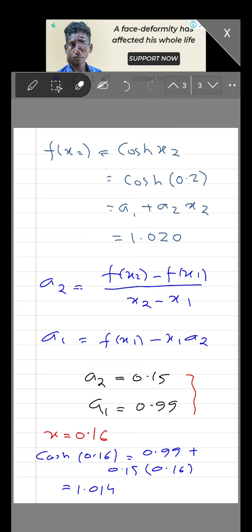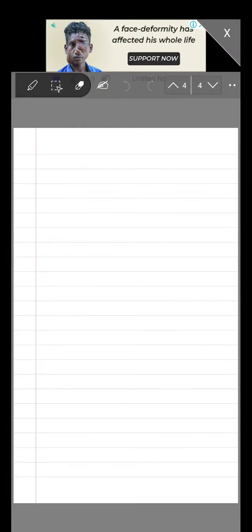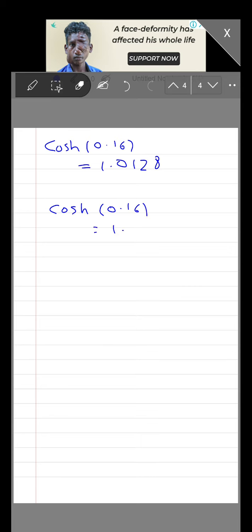Now the true value of cosh(0.16) is equal to 1.0128, and what we obtained from interpolation is 1.014.